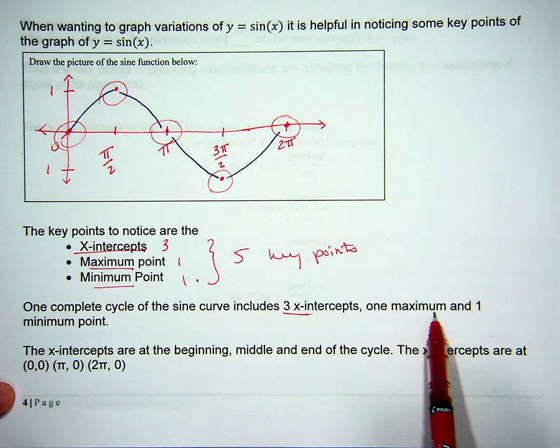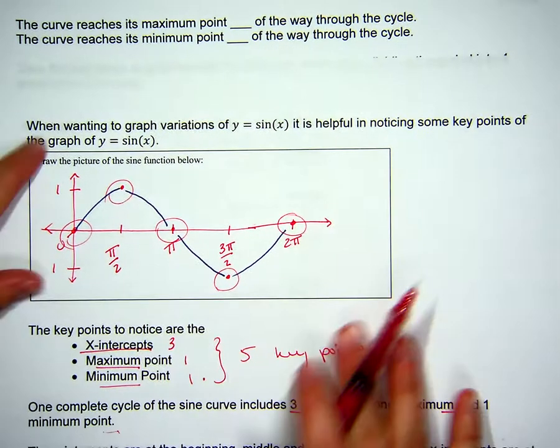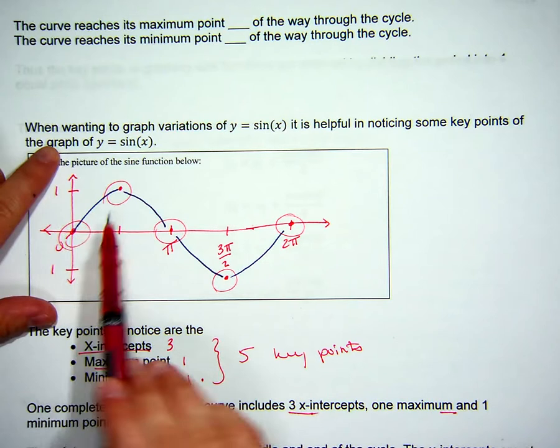The max takes place at 1/4 of the way through the cycle. It says the curve reaches its maximum point 1/4 of the way through the cycle. Because if this is 1/4, this is 2/4, this is 3/4, this is 4/4.